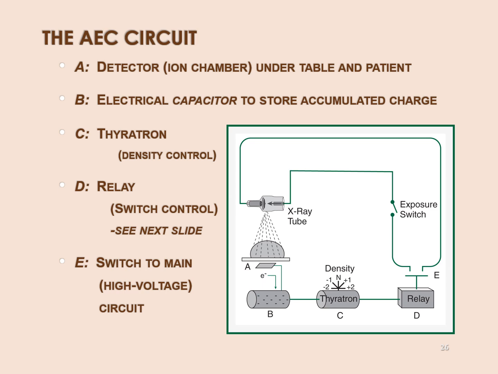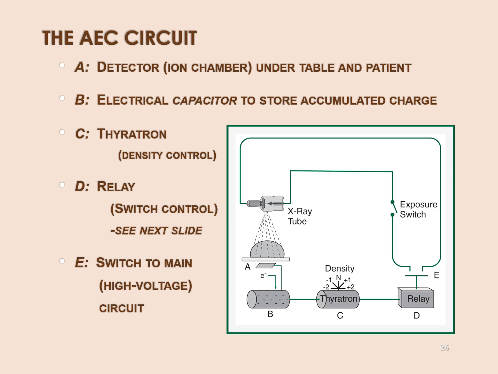The thyratron, in this case, is a second cousin to a capacitor, and it has to be overpowered, and it's an adjustable capacitor. Okay, it is a vacuum evacuated tube, and it's got a cathode and anode, and by adjusting the voltage applied to the thyratron, you can adjust how much charge B, the ballast capacitor, has to build up before it can override the thyratron, and that's really what's happening.